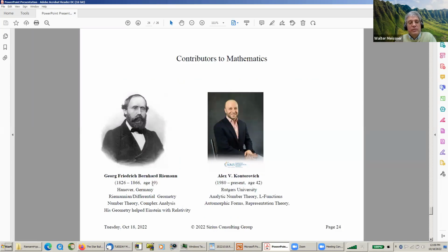Unfortunately, he only lived to be age 39 because he had health problems and eventually contracted tuberculosis, and he was going back and forth between Italy and Germany, and I think he died in Italy. And we have the person that did the video, a professor at Rutgers University. He teaches analytic number theory, L functions, which I mentioned in the one view graph, and two other areas which I'm really not familiar with.